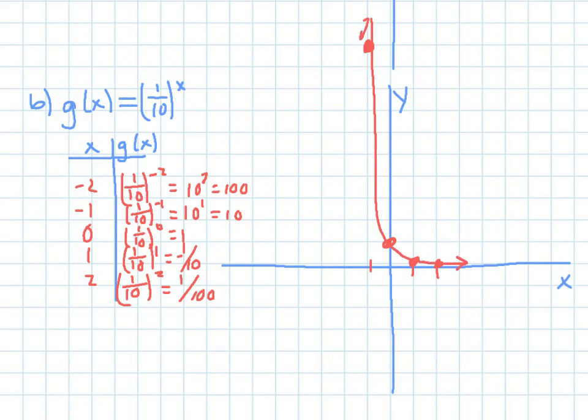Okay? So there's my line. And so looking at my domain and range again, there were no restrictions on x, so it's all reals. And the range would be from 0 to infinity as well, even though we're going in the opposite direction. Okay?